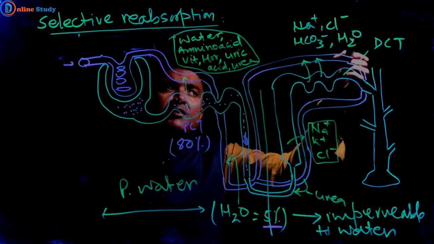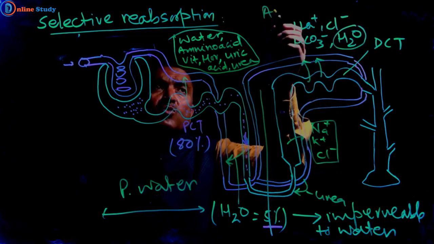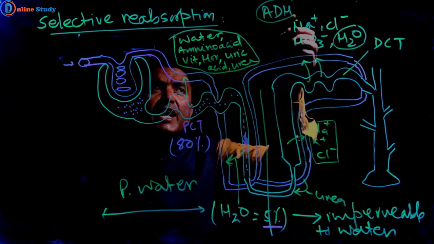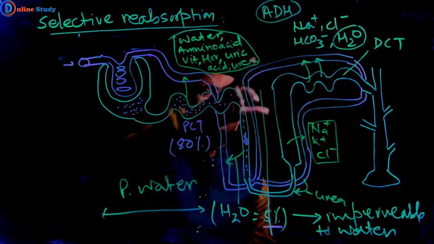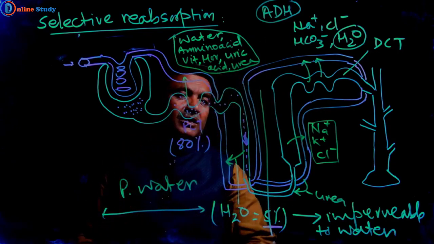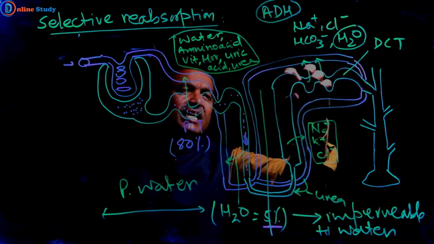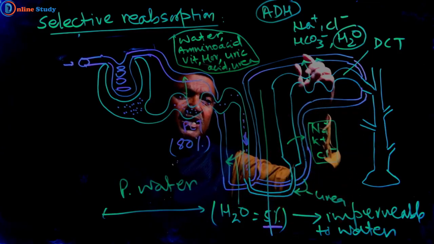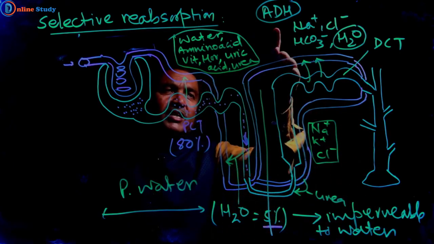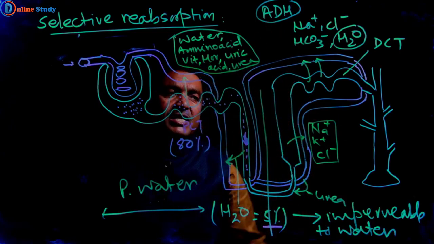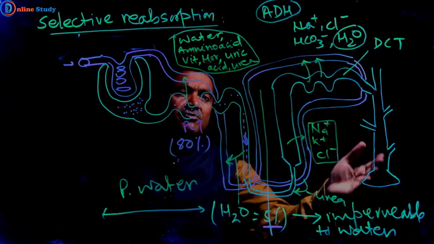But reabsorption of water depends upon the presence or absence of ADH. ADH is the antidiuretic hormone. The presence of antidiuretic hormone in the blood affects the DCT and the collecting duct. Permeability to water depends upon the presence or absence of ADH. If ADH is present, urine is concentrated, meaning less urine is formed.